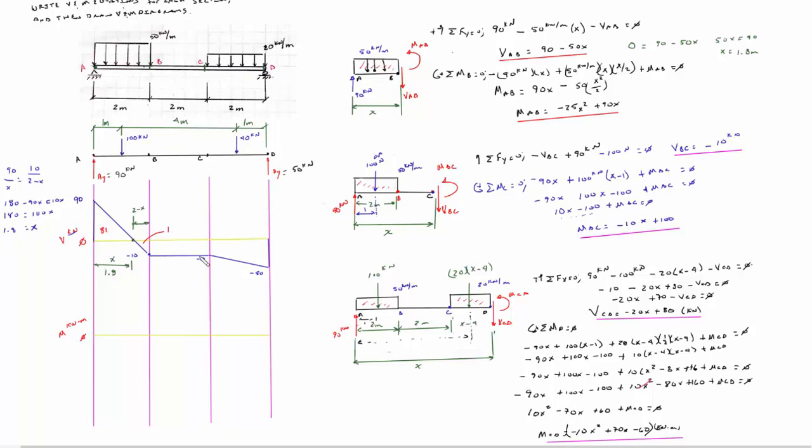Here I've got negative 10 times 2, which is 20. And then over here I break this up into 2 times 10, which is 20. And then the triangle is going to be 50 minus 10, which is 40, times 2 divided by 2, which is 40, plus the 20. This is going to be 60 kilonewton meters.